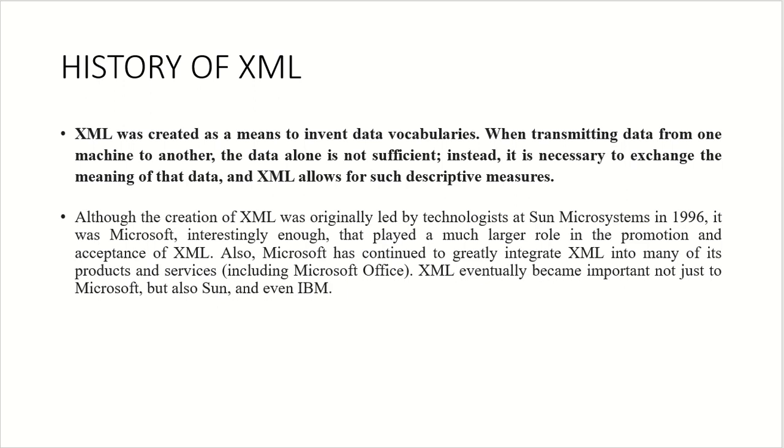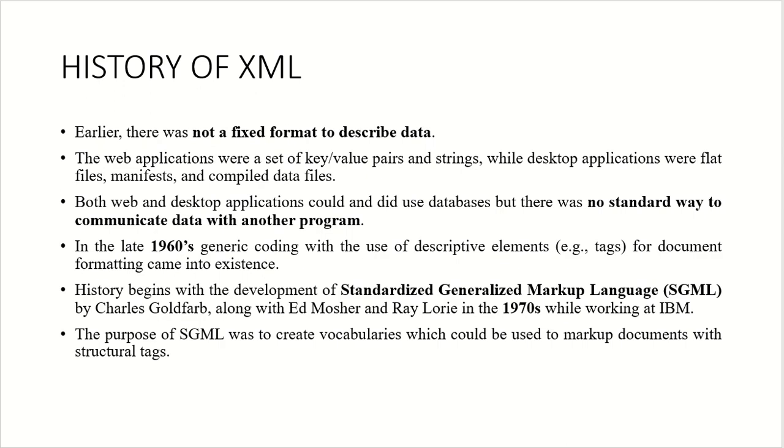All right. So by this, the history of XML is over. Let me give you a brief story of XML history again. First of all, you need to write that there was no fixed format to describe the data.